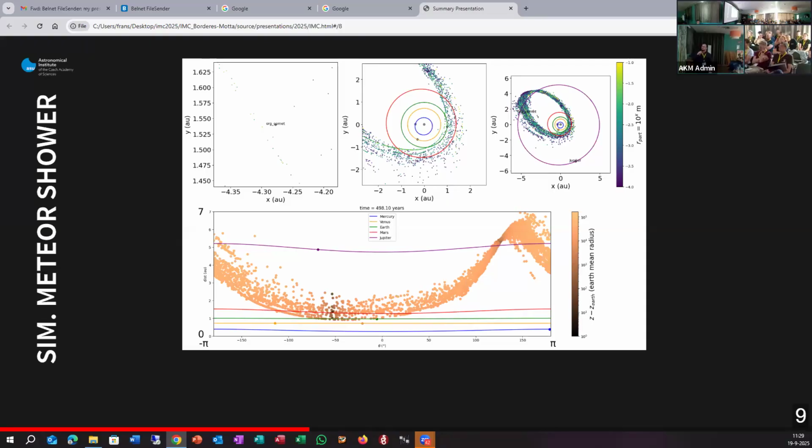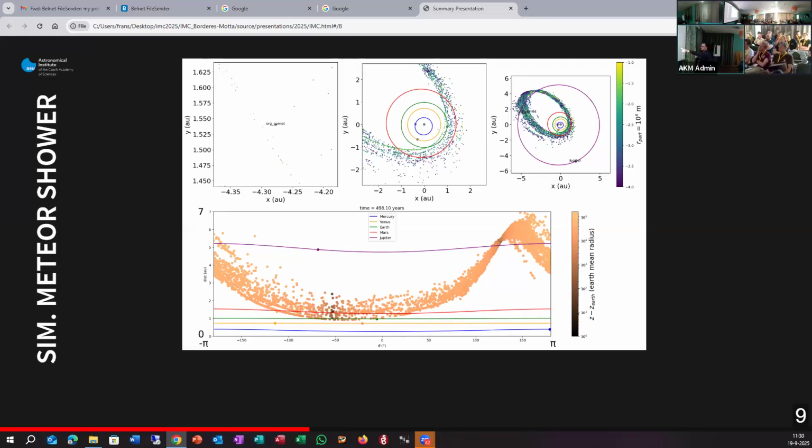And in the bottom panel, I'm using an angle that is considering the ICRF frame. I'm using this to compute this theta angle. So I have this angle on an inertial frame to see all the planets.